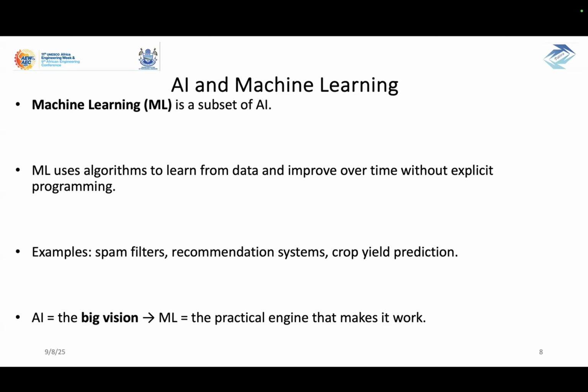You collect that data, and then from the analysis, the hypothesis comes in. Then now you can go back to the traditional one. Okay? So the examples we use for machine learning are spam filters, recommendation systems, crop yield prediction. So in short, AI is the big version of machine learning. The practical engine that makes it work is machine learning. Okay?